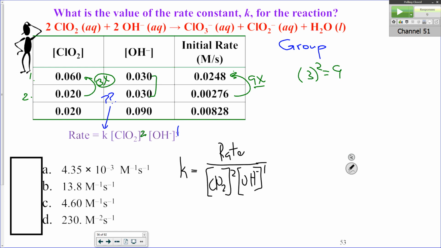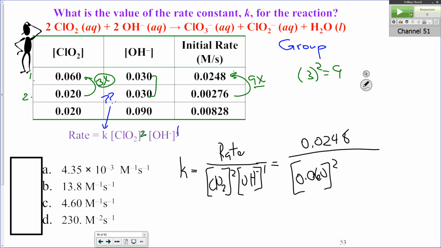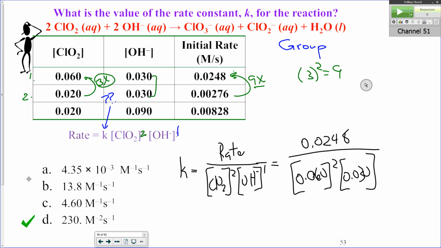I'm just going to do line 1 because that's the one on top, but it would work for any of the data. Put in the concentration of the first reactant, remember to square it, and the concentration of the second reactant.